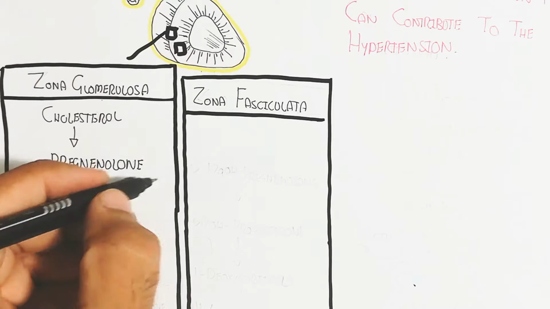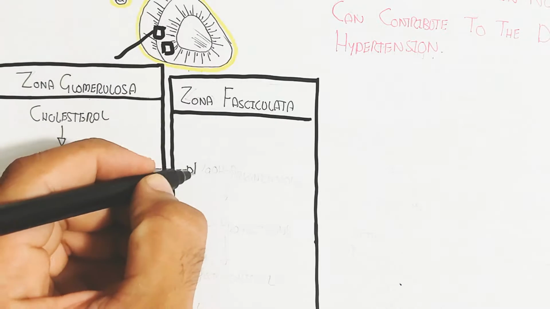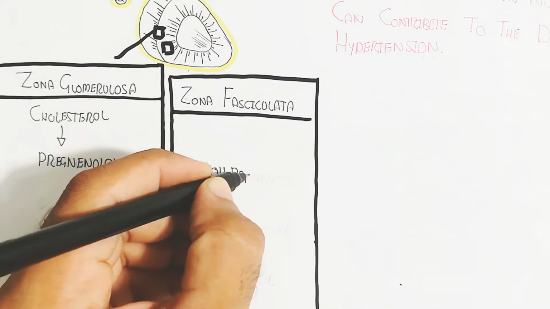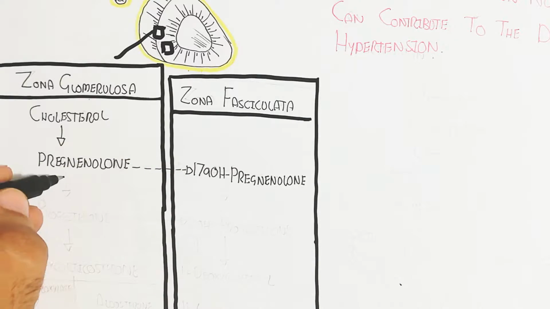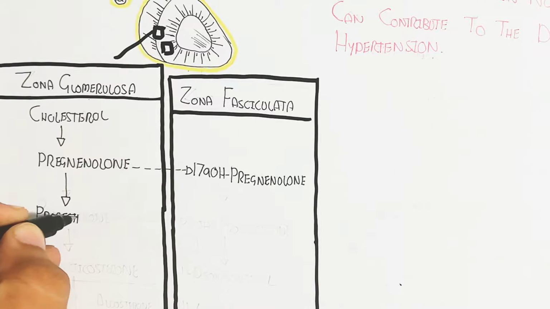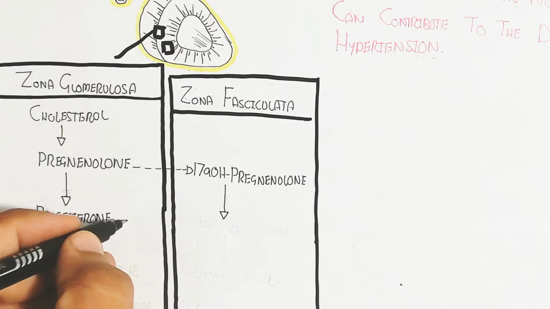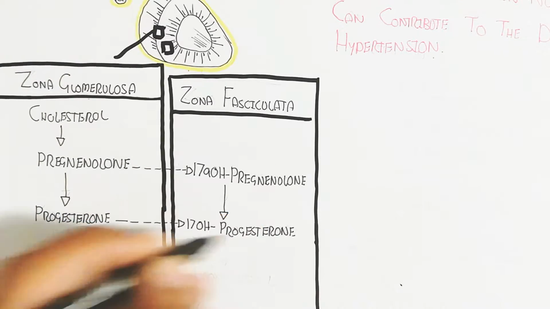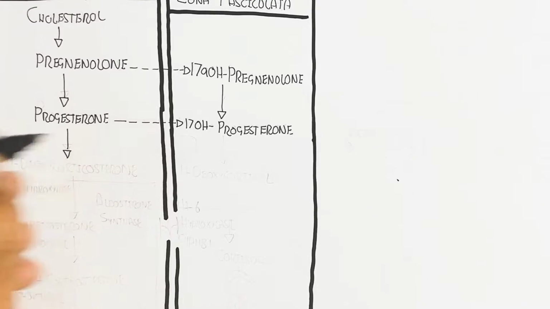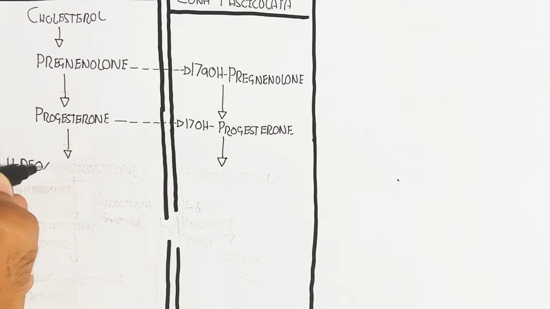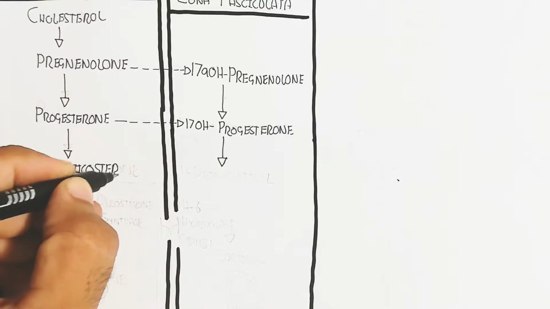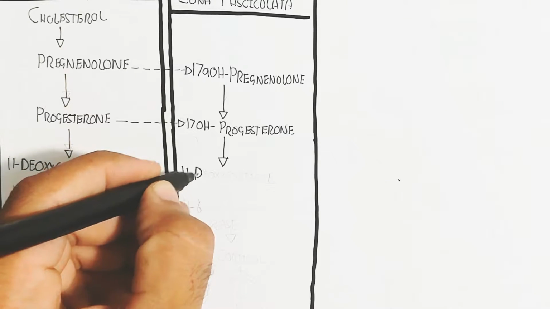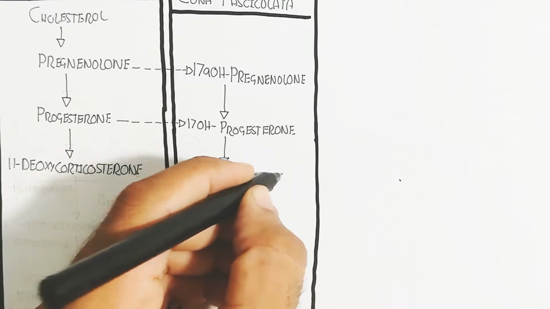The cholesterol will convert into pregnenolone, which goes into the zona fasciculata, and 17 alpha hydroxy pregnenolone forms from the pregnenolone. On the other hand, the progesterone will give 17 hydroxyprogesterone, and on the other hand 11 deoxycorticosterone, which is processed further.